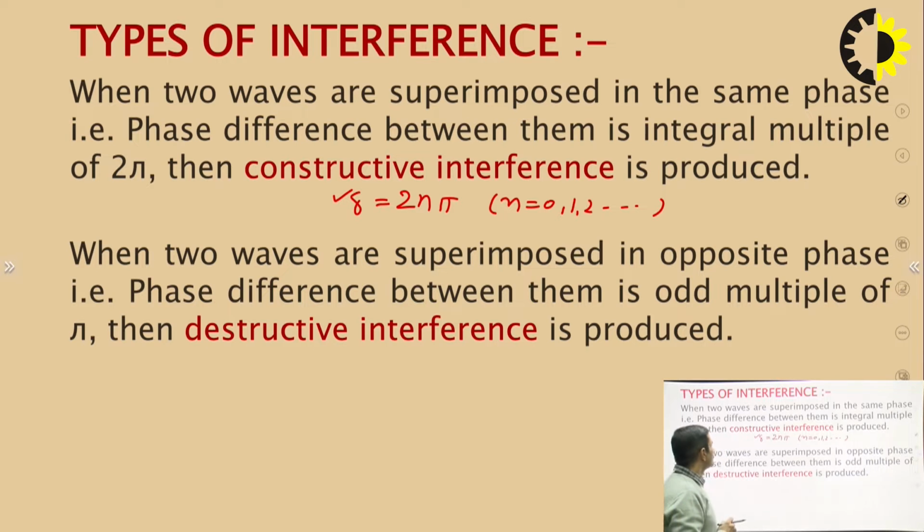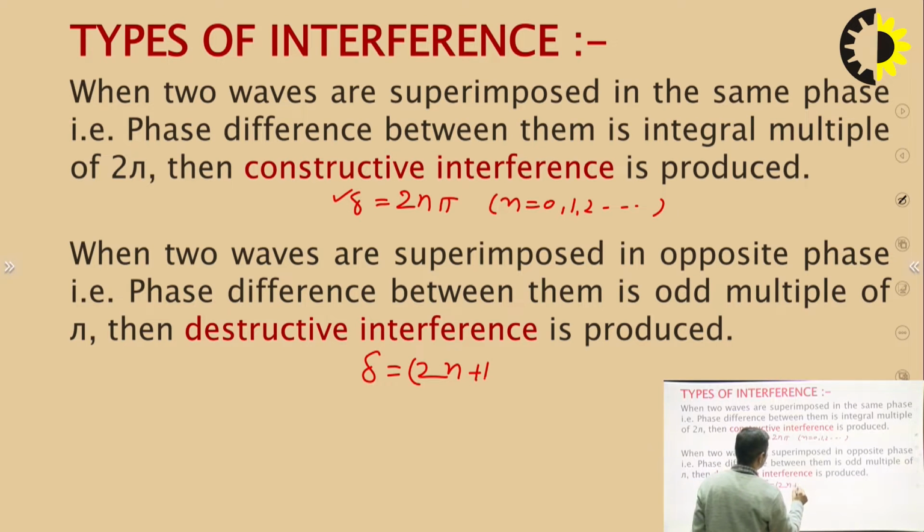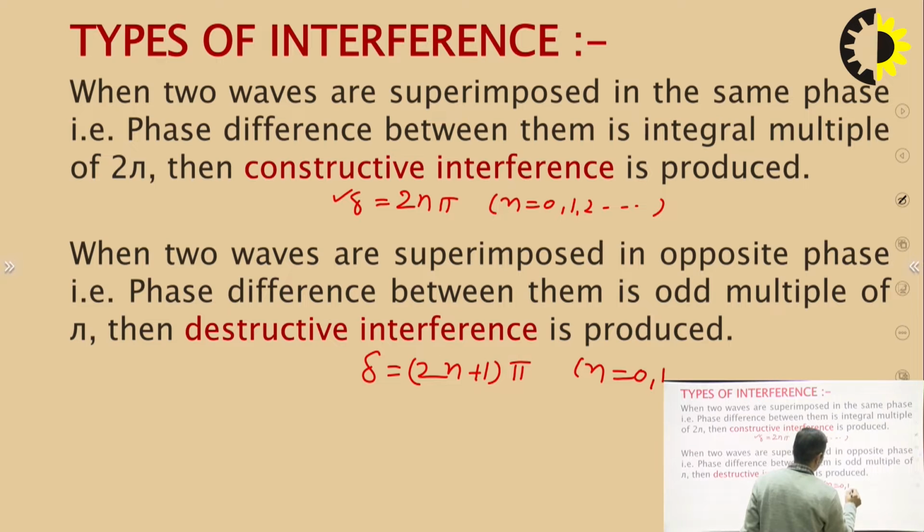But when these two interfering waves are superimposed in opposite phase, opposite phase means the phase difference between the two interfering waves is an odd multiple of pi, that is (2n plus 1) pi. Here n is an integer, so its value may vary: 0, 1, 2, 3 and so on.